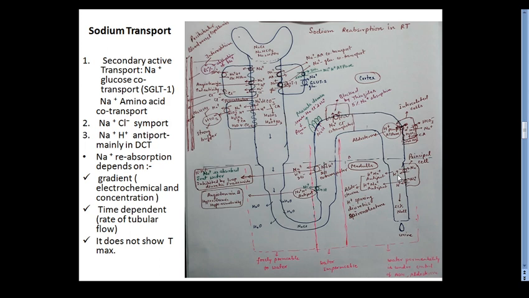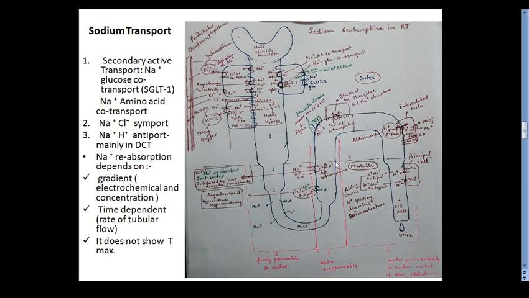Here we can say that sodium ion gets reabsorbed in the PCT, the loop of Henle, the collecting duct and the DCT, and in every part it involves different ion channels. In the PCT, it involves secondary active transport, the sodium chloride symport and sodium hydrogen ion antiport.